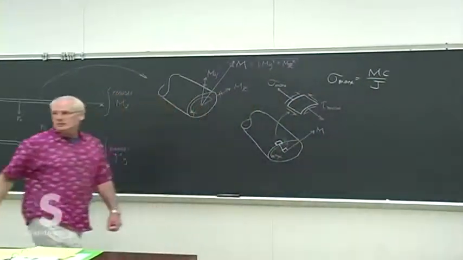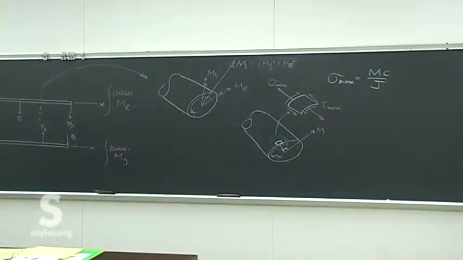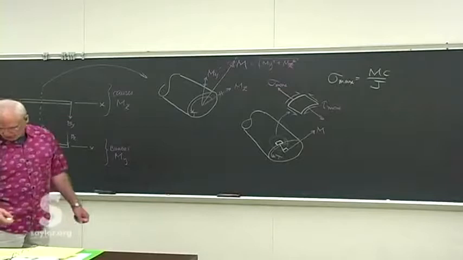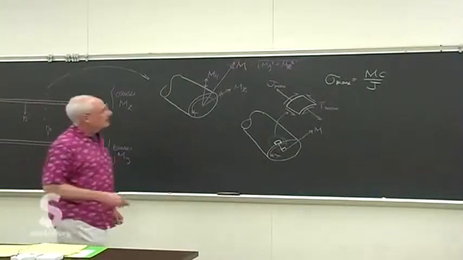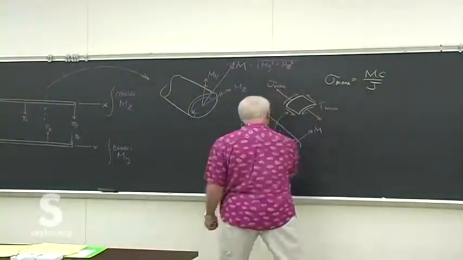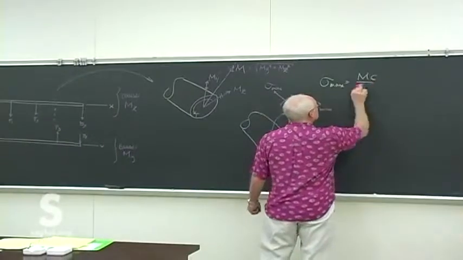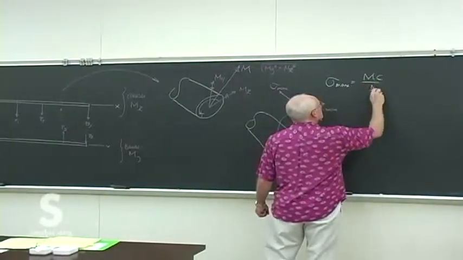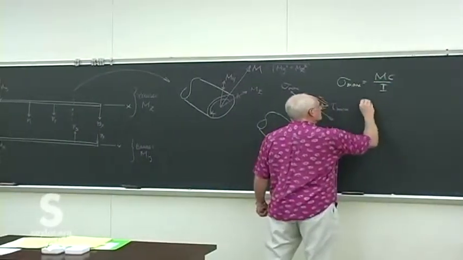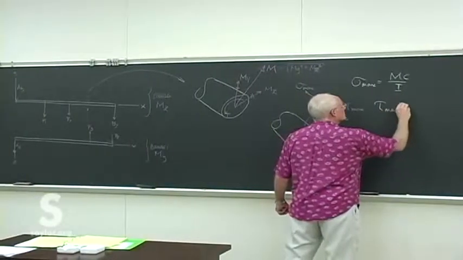Remember, instead of the I, the moment of inertia for the cross-section of circular shafts, we use J, the polar moment. No, I guess on bending moment we do use I. It's on the torsion, the shear stress.